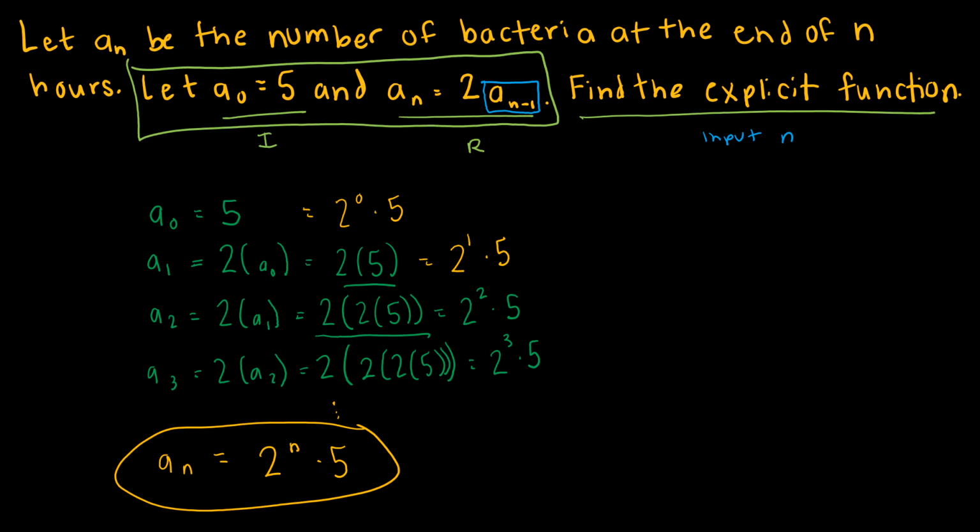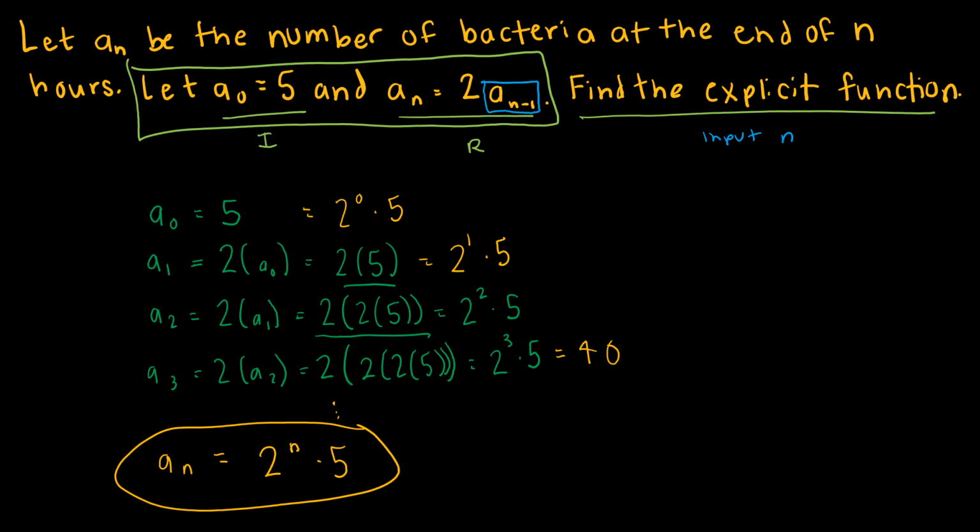We call that basically an iterative sequence, so we're looking at each term and how it relates to the term before it. So now if I wanted to find a3, which I had previously found to be 2 to the third times 5, which would be 40.